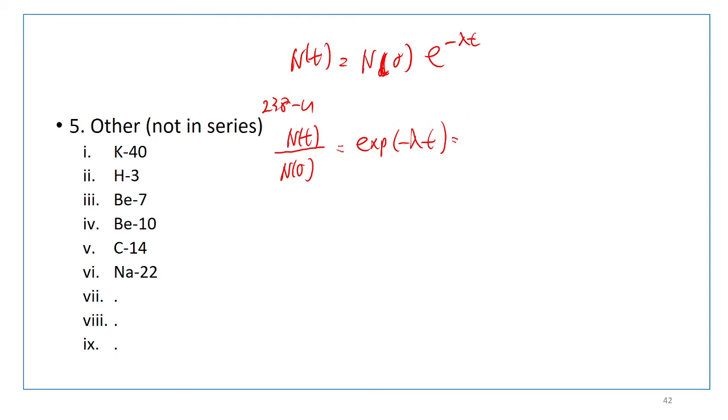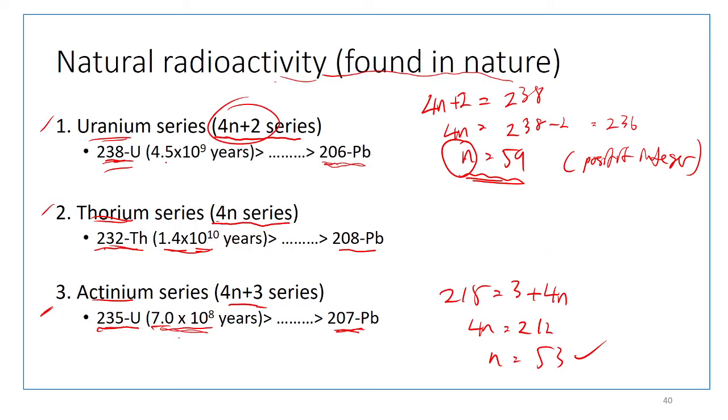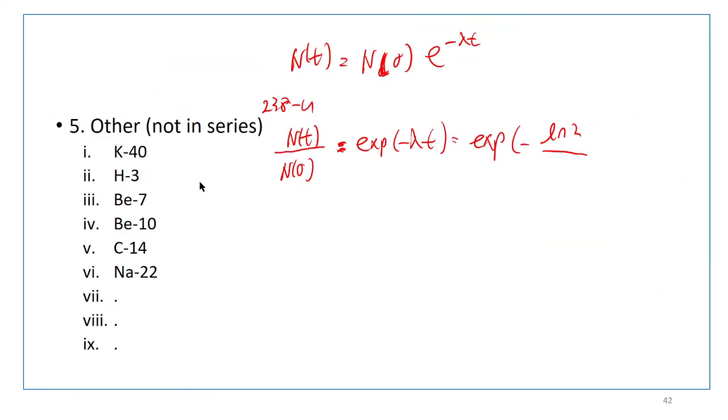So the exponential of minus lambda, and we know lambda is ln 2 over the half-life. The half-life of uranium 238 is 4.5 times 10 to the power of 9 years, times t, the present time, which is 4.5 times 10 to the power of 9 years.